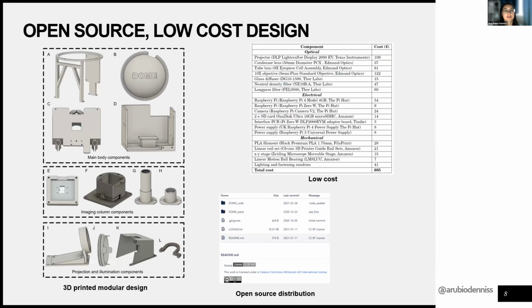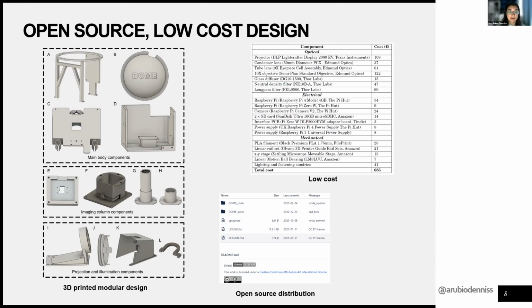And I mentioned it's open source and low cost. That was really important. We wanted to develop something that not only could we produce a few of, and right now actually there's a few different projects going on that are all working on these. So we've made a few of them now. But also for anyone else, if they were interested in building something like that. So all the main structural components are 3D printed out of just standard PLA, something that most people in university and research institutions would have access to.